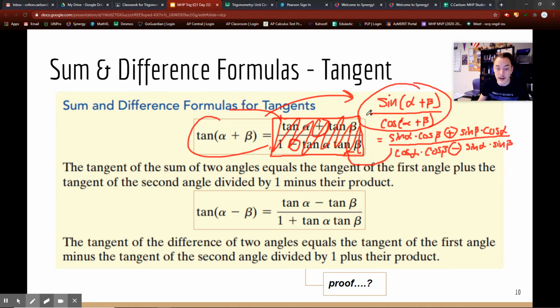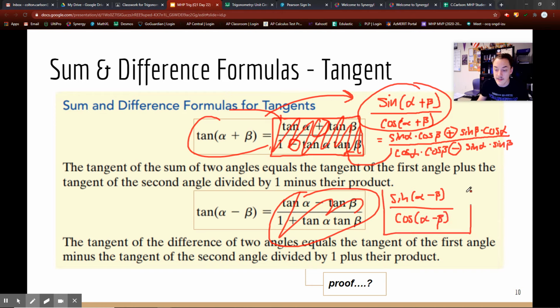Same thing, tangent of alpha minus beta: I'm going to be using sine of alpha minus beta all over cosine of alpha minus beta instead. Just because it's easier, and I'm going to show you why. More than likely, always it'll be easier.